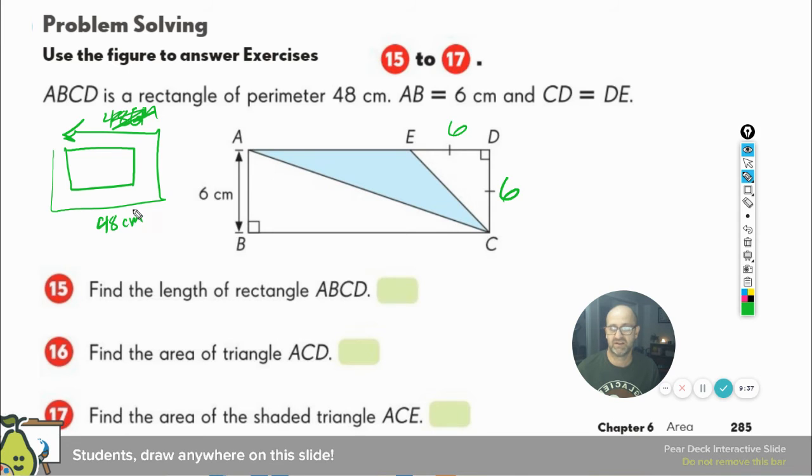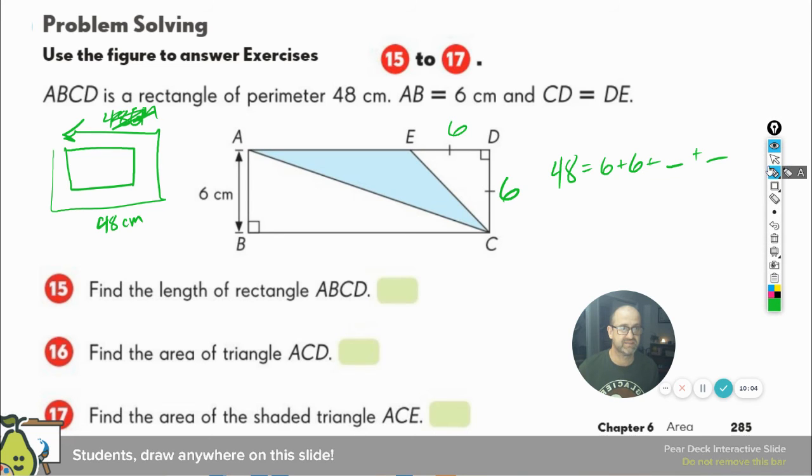Okay, so it says find the length of the rectangle ABCD. Well, the perimeter is going to be this 6 plus this 6 plus whatever this is and whatever this is. And A and D are going to be the same as B and C. So 48, the perimeter, equals 6 plus 6 plus blank plus blank, right?